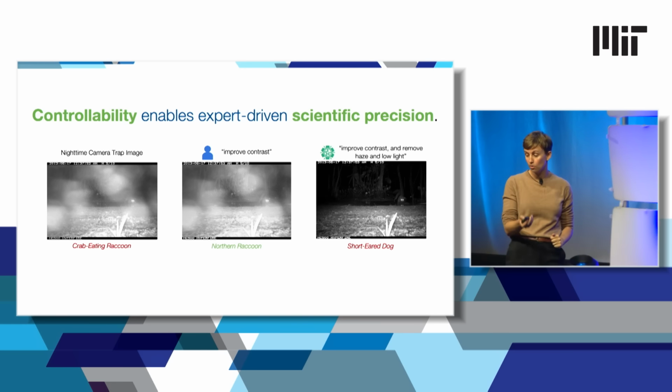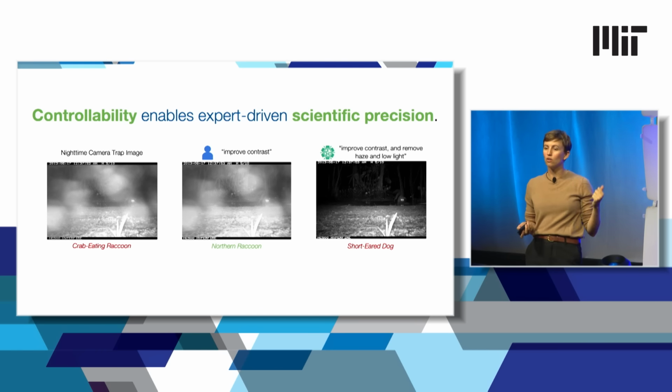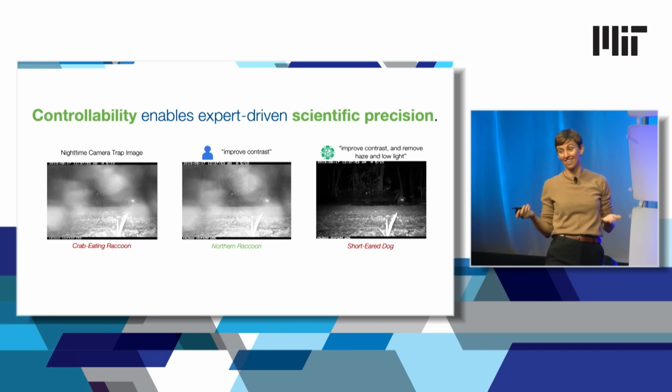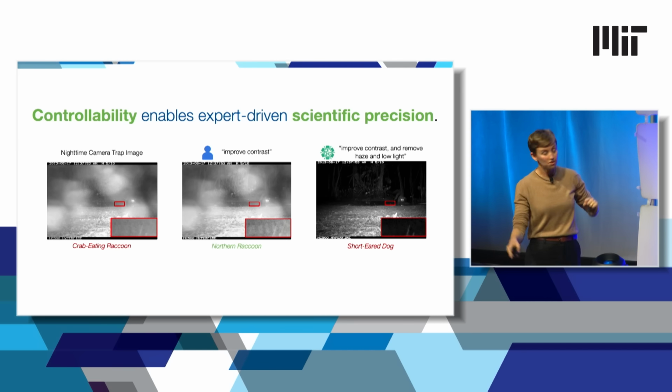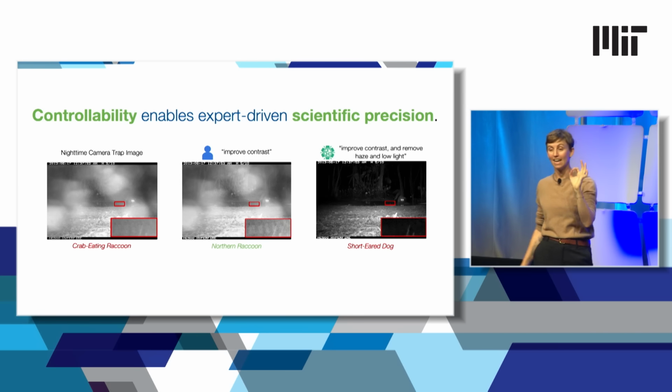The way that we're showing that is with camera trap images, where we're trying to identify species. And I bet all of you don't necessarily even know what's going on in these images. That's because you're not an ecologist or a scientific expert, and this is really where that expertise comes in. Here there's clearly an animal, you can see its eyes, and the part in the red box is its tail.